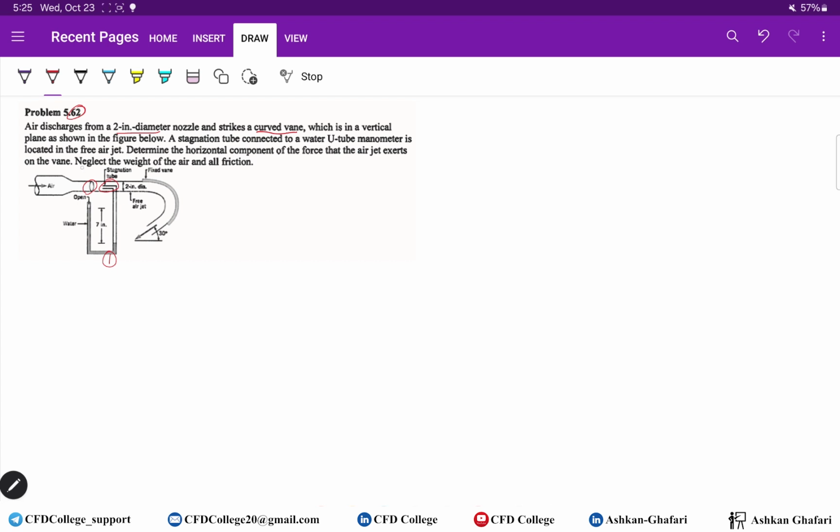It is located in the free air jet. Determine the horizontal component of the force, Rx, that the air jet exerts on the vane. Neglect the weight of the air and all friction.